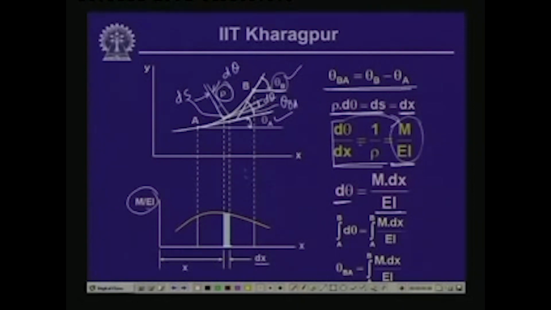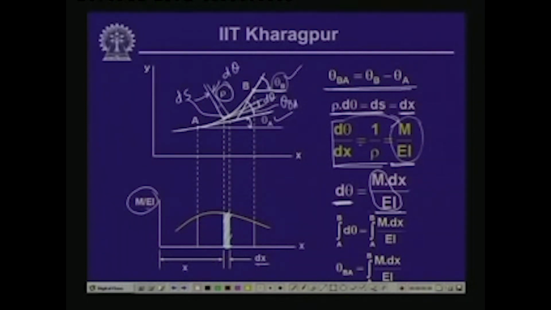Now, it demonstrates that the change in angle between the two ends of this segment ds, which is d theta, is nothing but the area of the strip on the bending moment diagram, the ordinate of which is M by EI and the width is dx. So, M by EI multiplied by dx is the area of the M by EI diagram over this small strip ds, and that gives us the change in angle d theta between the two ends of this segment.